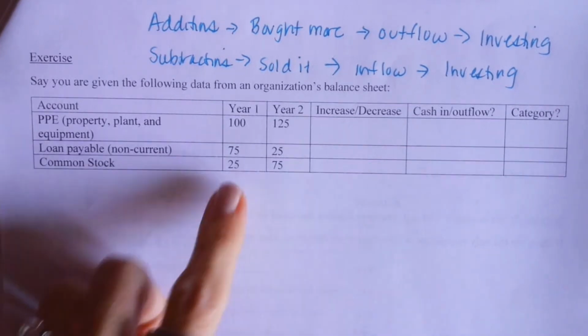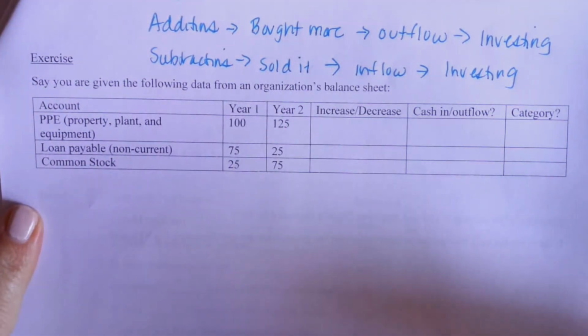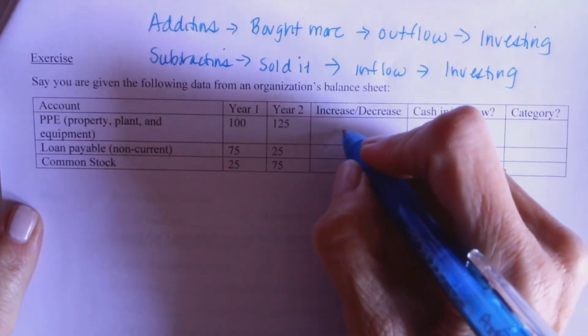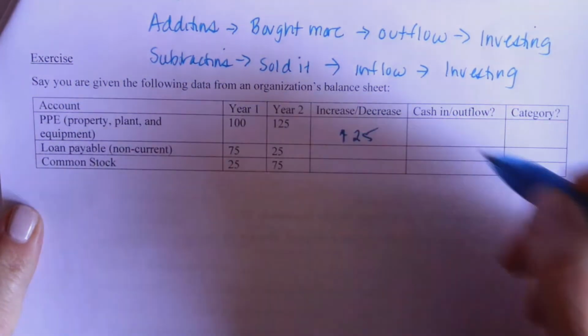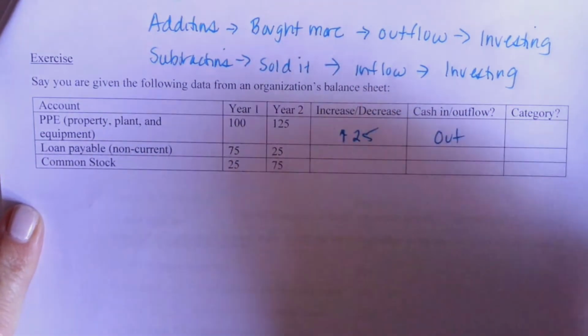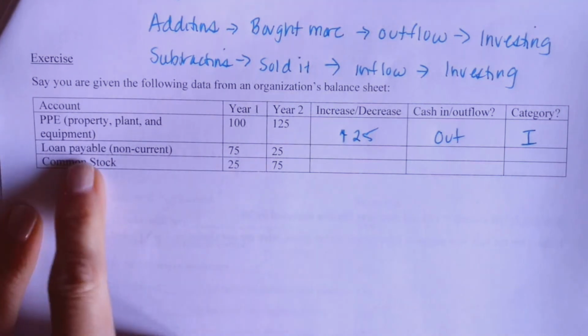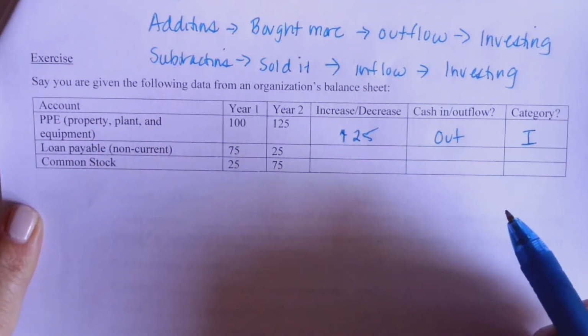Okay, so how about PP&E? What'd you guys get, increase or decrease? It increased, right, by 25. Is that an inflow or outflow? Good. Category? Investing, good.